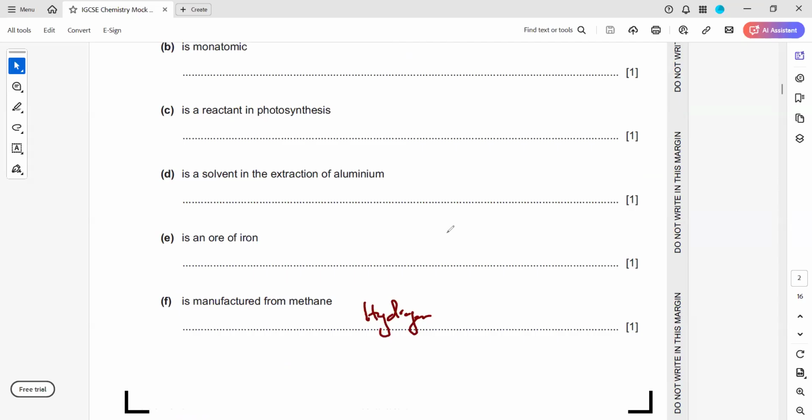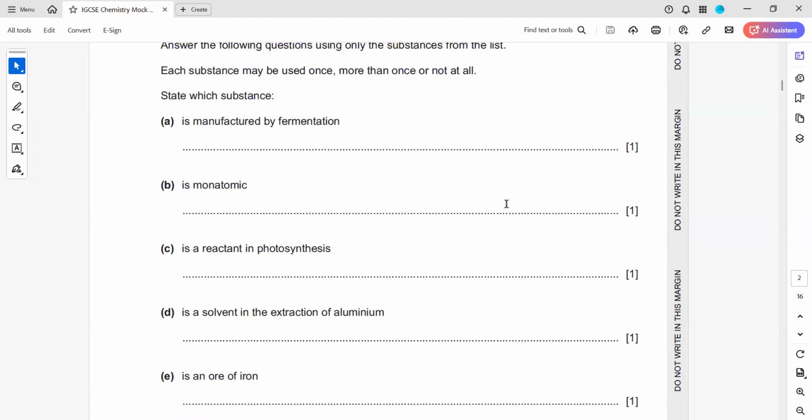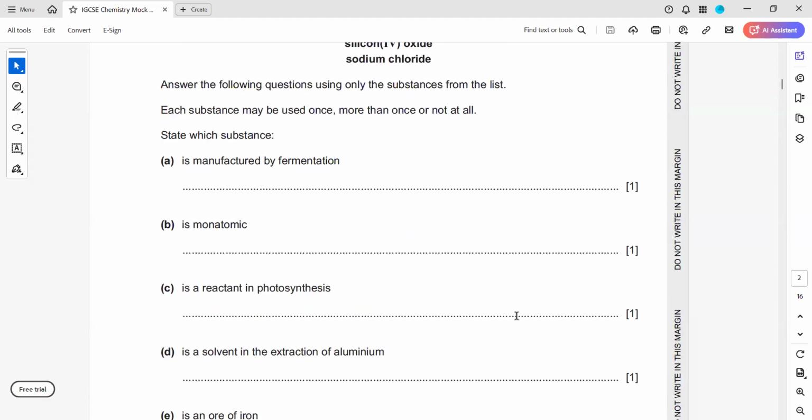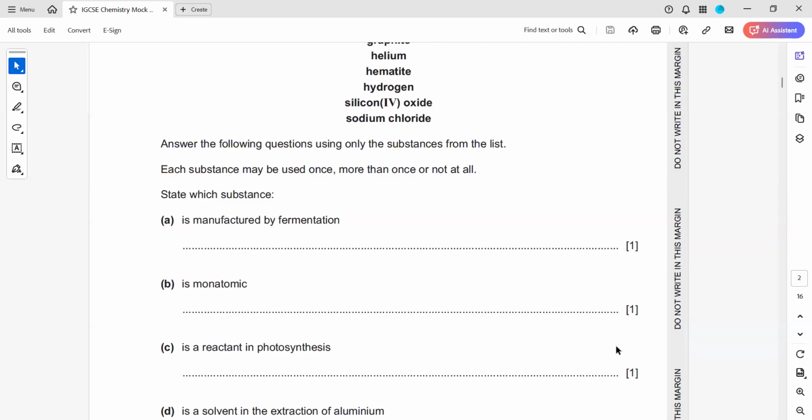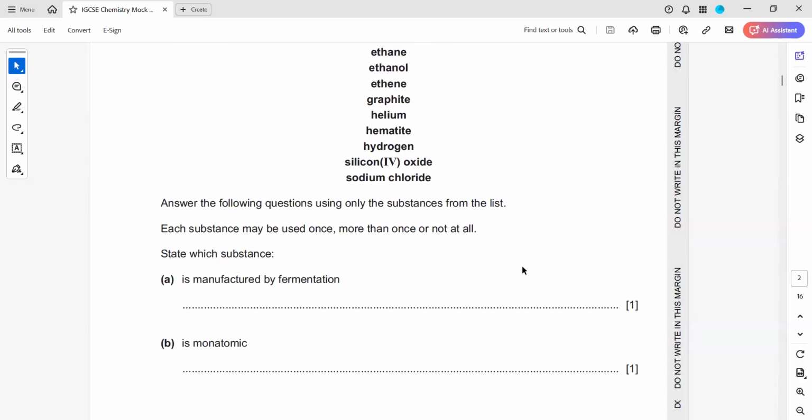But what about E? Sir, this is not only one. Yes, there are many, but you have to use the list accordingly. Carbon monoxide is also manufactured from methane, not carbon dioxide. Also carbon dioxide for full combustion? No, carbon dioxide does not burn. Carbon dioxide is a product of combustion.